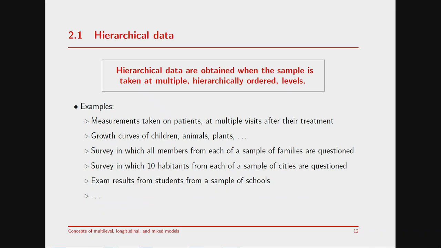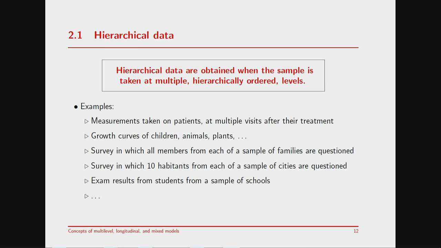And you can already see these clusters of observations. In the first example, these were the patients. Each patient, you had 5 observations, let's say, or with the growth curve, you would have the children, and within each child, you have a number of measurements of the growth.